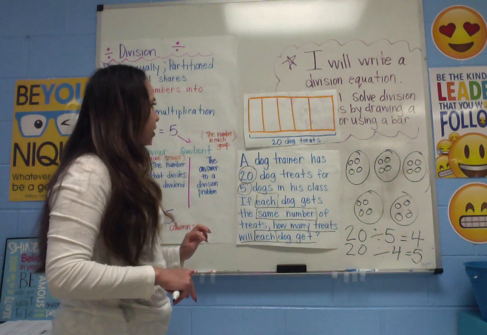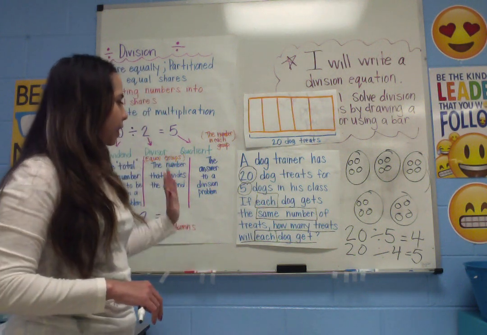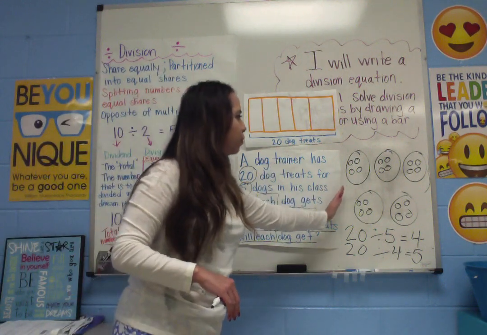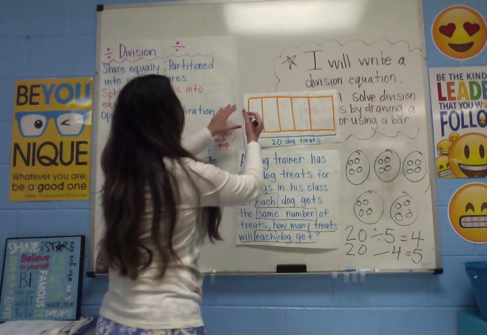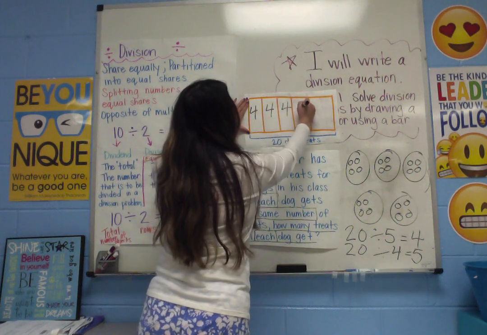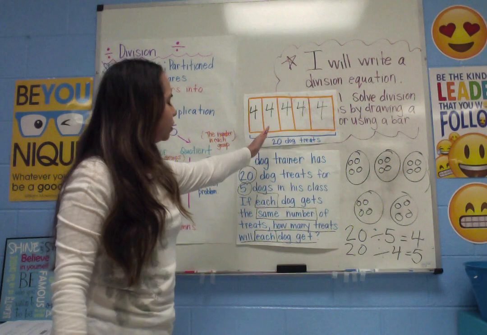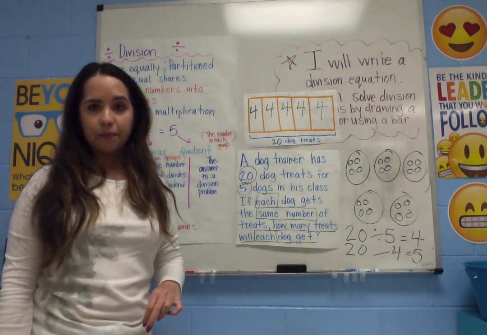All right? We have to figure out how many dog treats did each dog get. Well, we already solved that. So there are 4 in each group. All you would do in this bar model is write 4 in each group. Because 4 plus 4, 5 times, equals a total of 20.